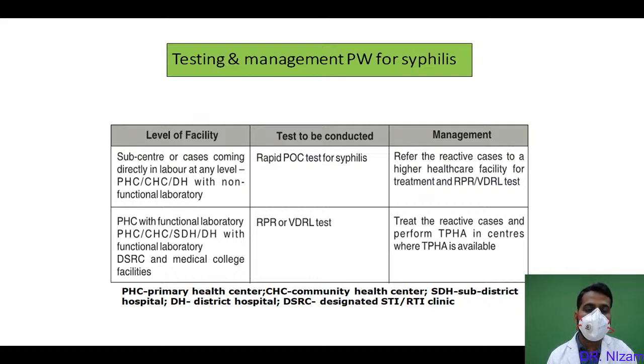Now, this is the subcenter or cases coming directly in labor at any point of care, and where there is no functional laboratory, go for the rapid POC. If there is a functional laboratory or it is attached to a medical college or tertiary setup, then perform RPR or VDRL.